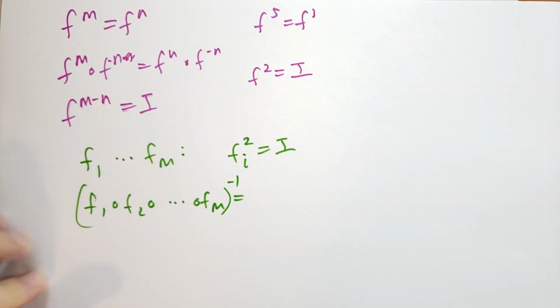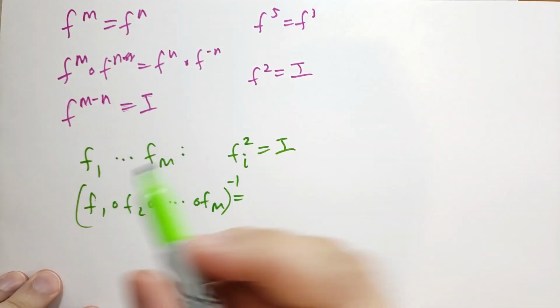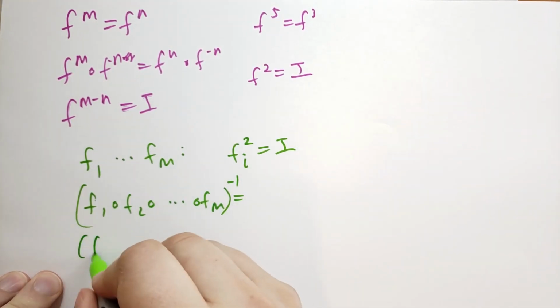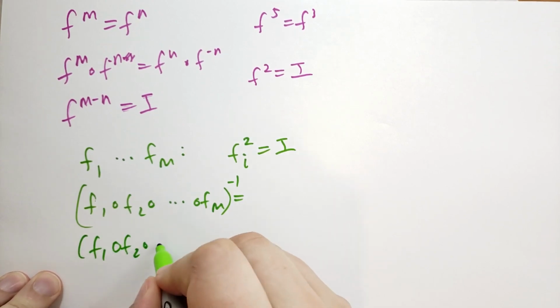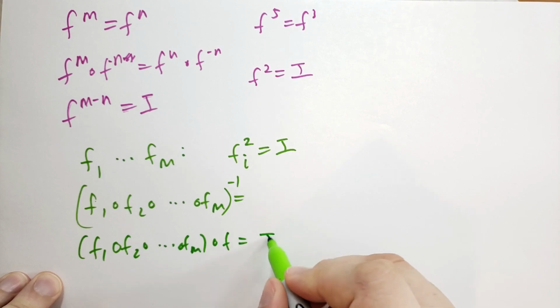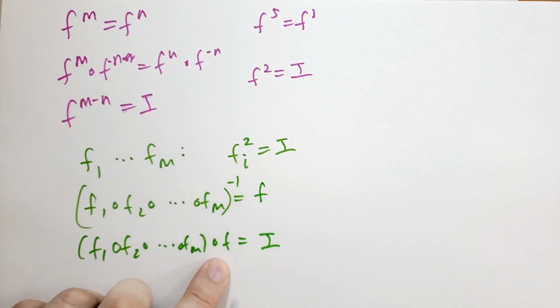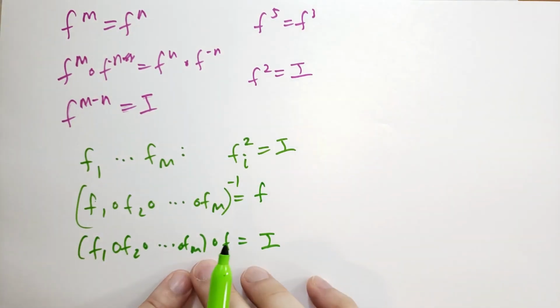If we were to find the inverse, then it would be a function or mapping f where you compose that with the original and you get back the identity, right? What do we have to apply to get back the identity?